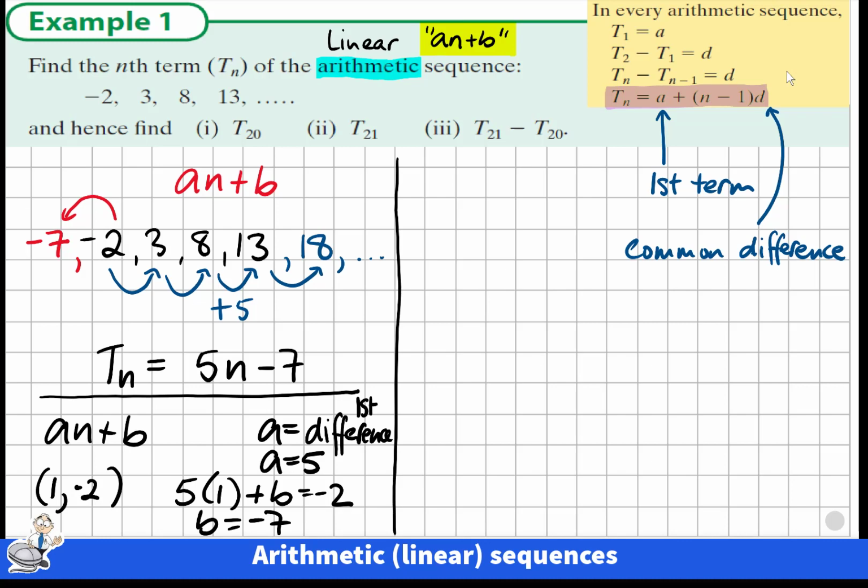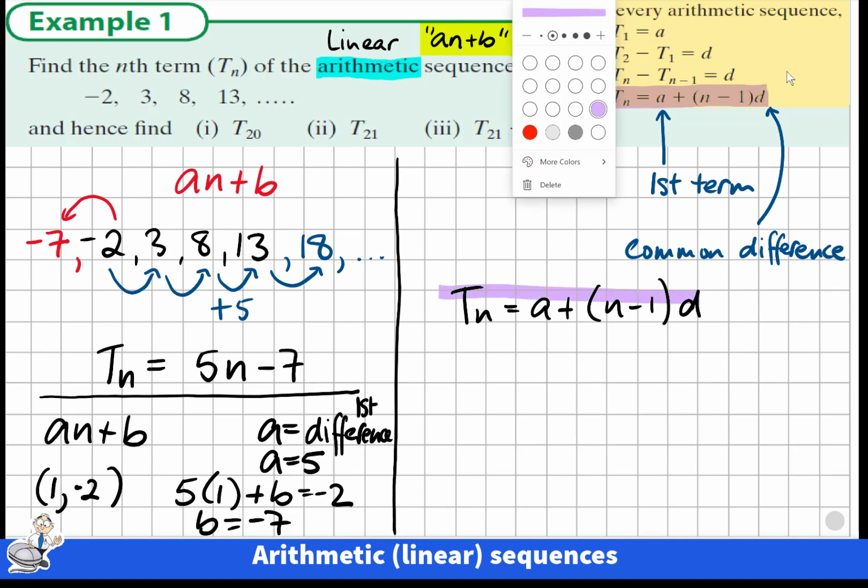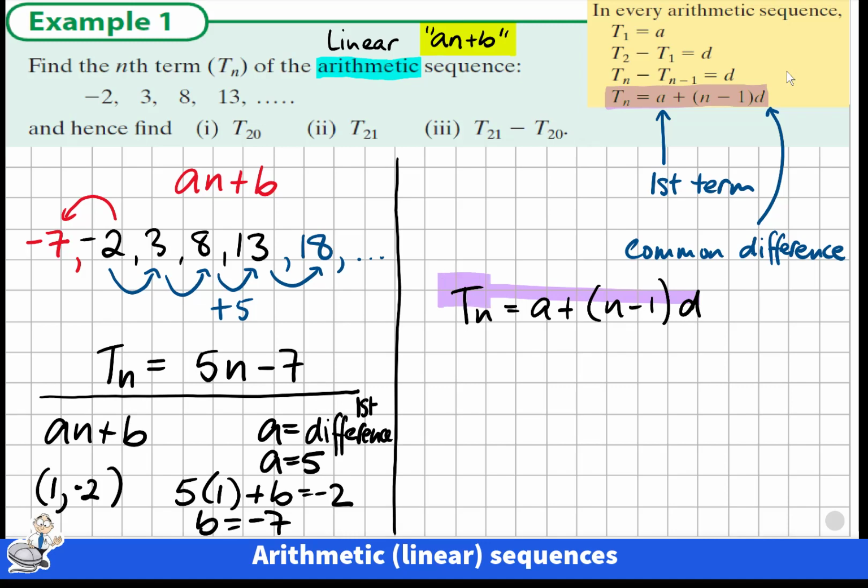Today I'm going to show you how to use this formula here. Term n is equal to a plus n minus 1 times d. Look, I'm not a huge fan of this formula, but it's very common on the course. Some teachers go straight into teaching this. But just to explain how this one would work, you'd look at your series here and you say, in my series, A, by the way, A this time means the first term, is -2. You'd say D, which is the common difference, is 3.